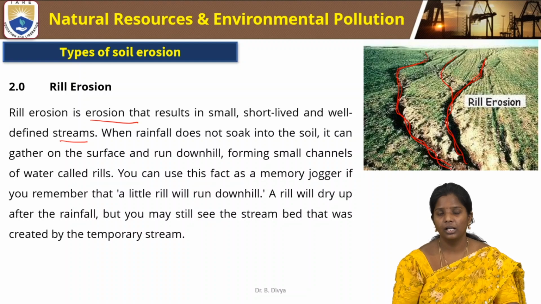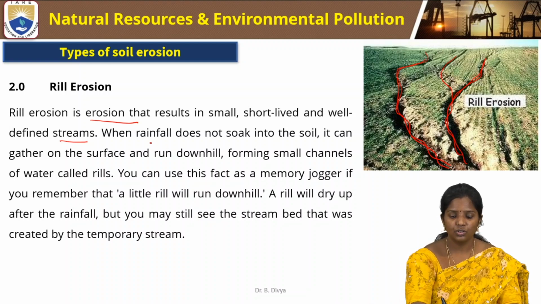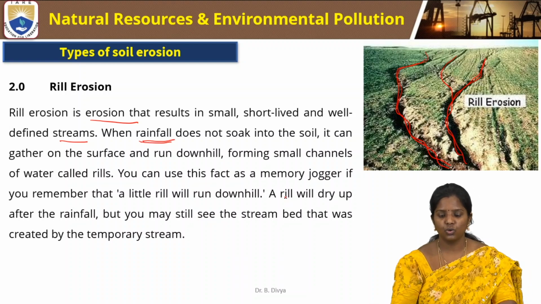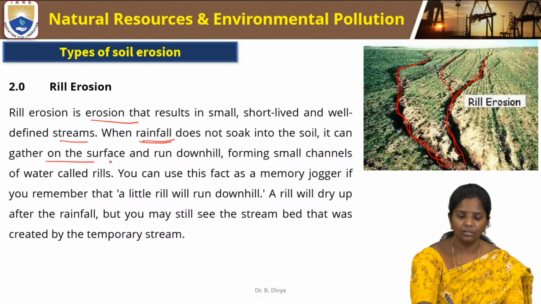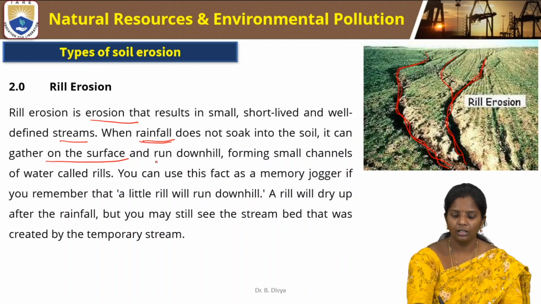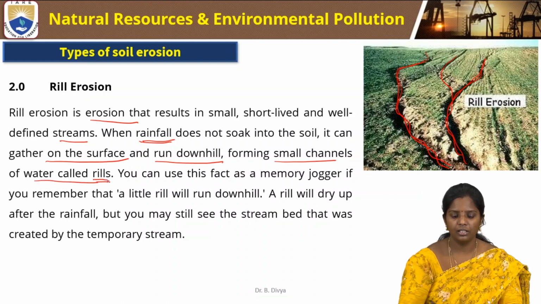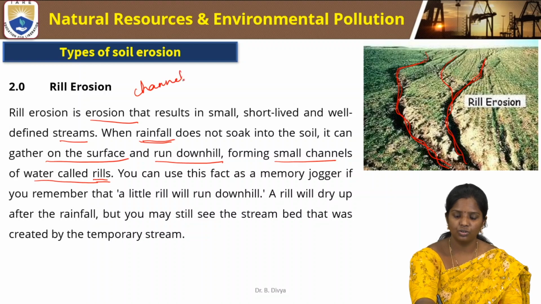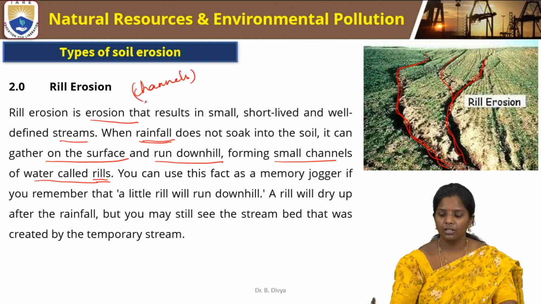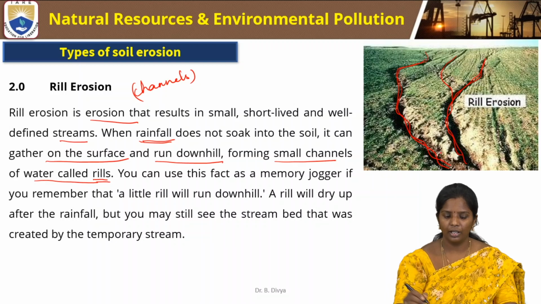When rainfall does not soak into the soil, it can gather on the surface and run downhill, forming small channels. These channels are called rills, formed due to washing away of soils. So this is called rill erosion.